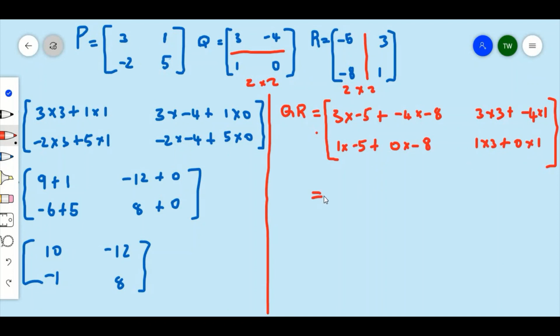Our next step is going to do the multiplications. So 3 times negative 5, that's going to give us a negative 15, plus negative 4 times negative 8, that's going to give us a positive 32. Then 3 times 3, that's going to give us 9.